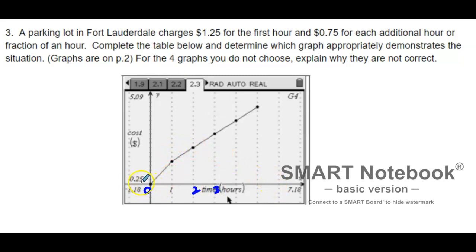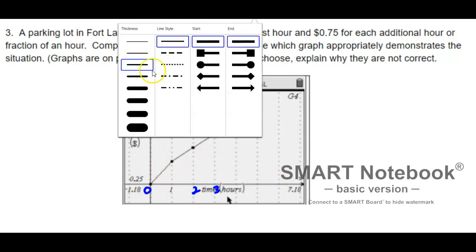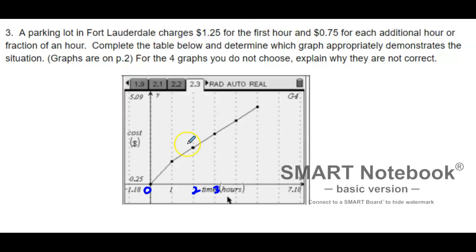And then the scale that you're looking at here, and I gotta get my pen a whole lot smaller than that. When you're looking at the scale going up here, on the y-axis, it's every 25 cents. So each dot on the y-axis represents 25 cents.